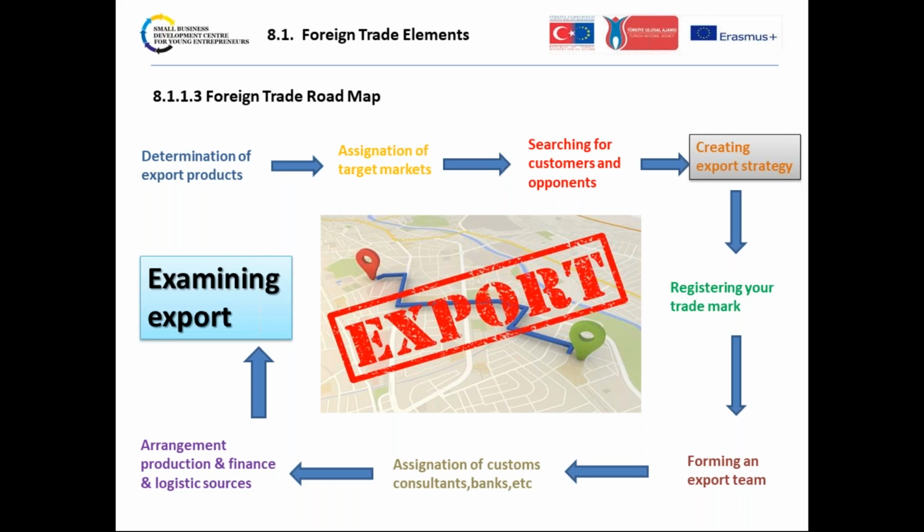So do not forget to register your trademark. And in your target markets, you also need to register your trademark. If you are exporting to Iraq or Russia or the United States, it's better if you register your trademark. Okay, so you did all these things, and now it comes to forming your export team.